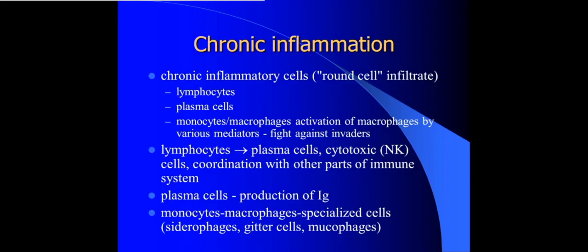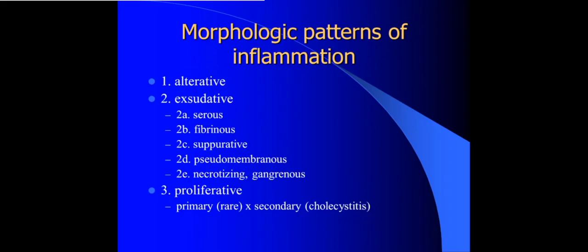There are several types of immunoglobulin: IgM, IgD, IgE, IgG. Next are monocytes and macrophages, specialized cells such as Gitter cells, mucophages and siderophages. These specialized cells also help in chronic inflammation.